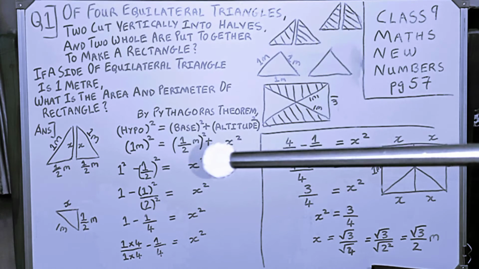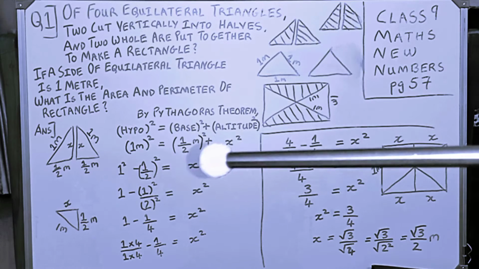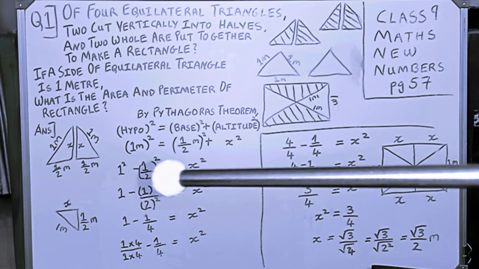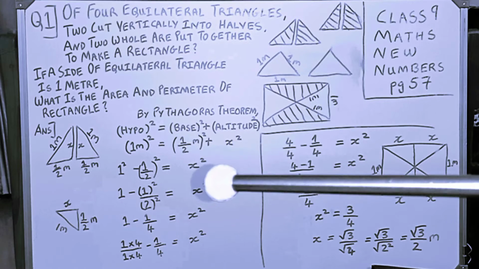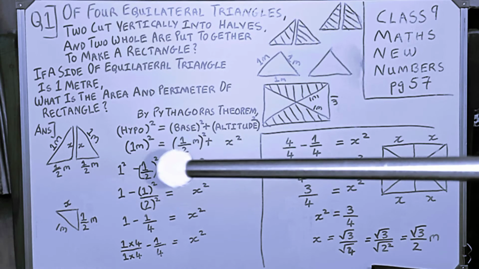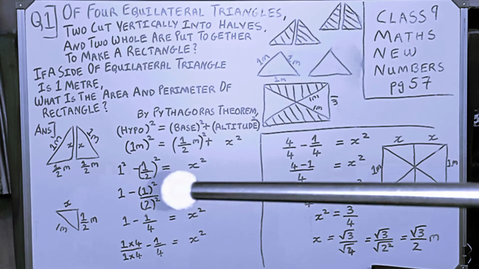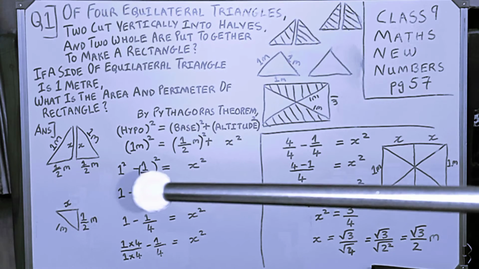Okay, this half, when it goes to the opposite side of the equal to, its plus sign will be minus. So minus sign is put over here, is equal to x square. Half the whole square is 1 square on the numerator, 2 square in the denominator. 1 square is 1 itself.